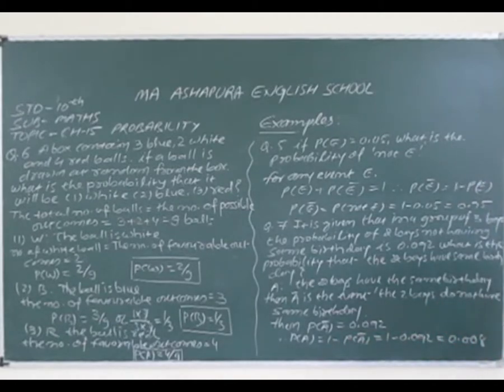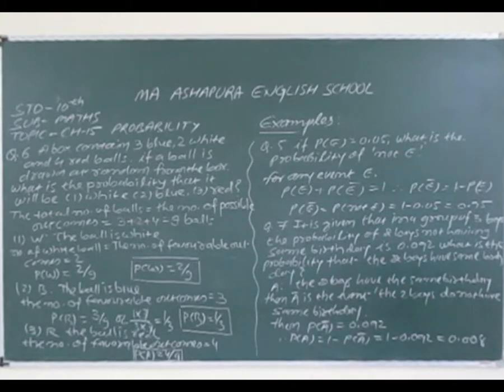Substitute the value: 1 minus 0.092. 1 is the integer and 0.092 is the decimal. So subtract from the integer 1 and finally we get 0.908. Thus, the probability that the 2 boys have the same birthday, P of A, is equal to 0.908.